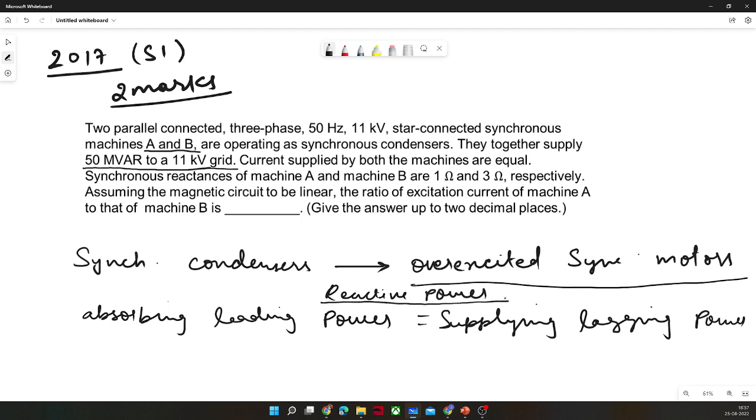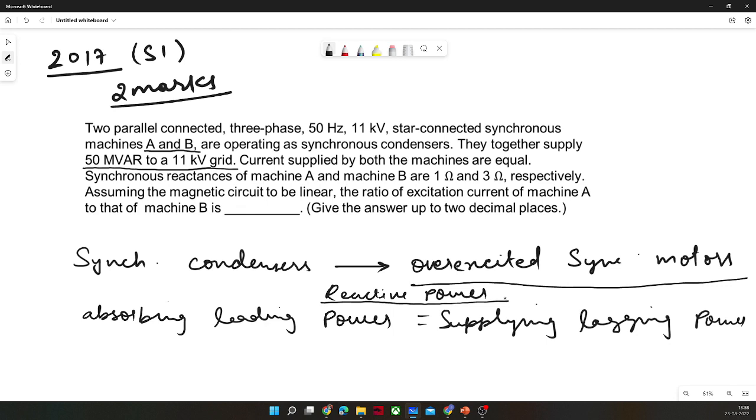But in general, how I remember these confusing things every time: if any machine is overexcited, it means it has more flux or it can supply more reactive power. Then it will supply lagging power because the grid is in need of lagging power. All machines need lagging reactive power, right?